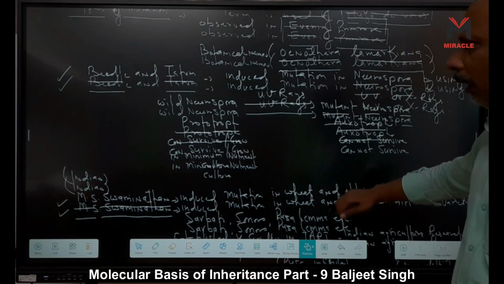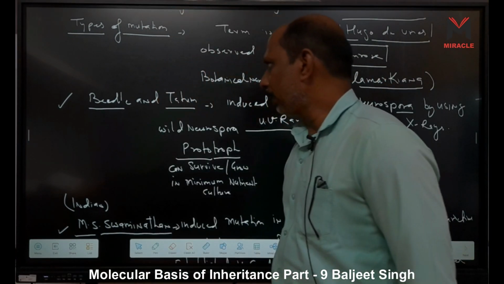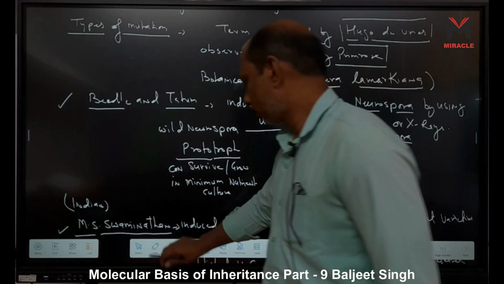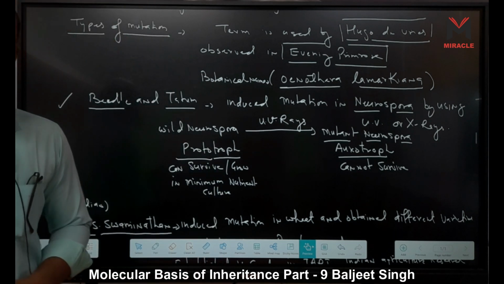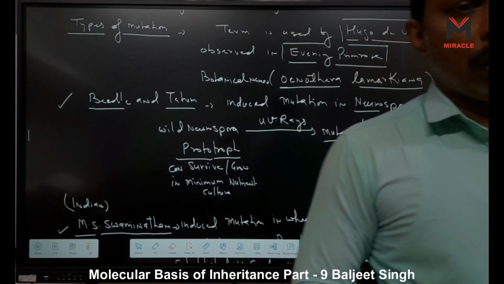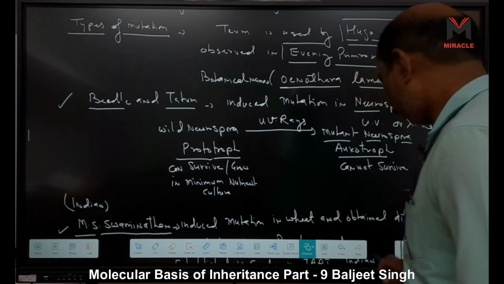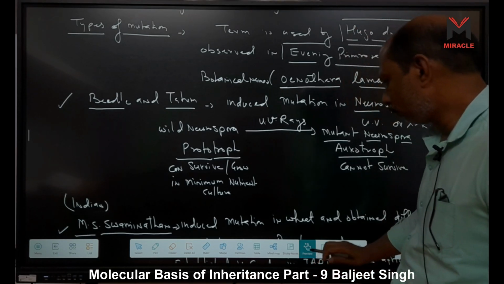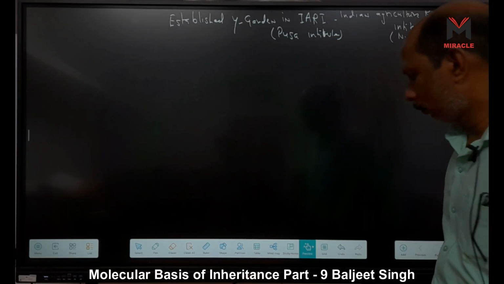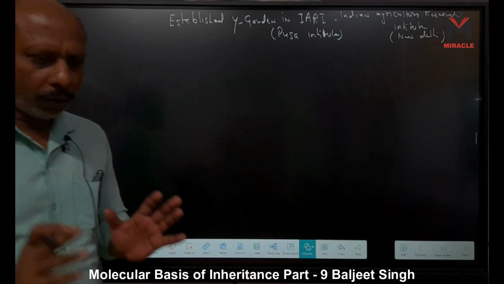Now we start the types of mutation, which is our main point, right? When we consider the types of mutation, we have two types: either chromosomal or gene mutation, right? First, chromosomal means when mutation occurs in the whole chromosome.